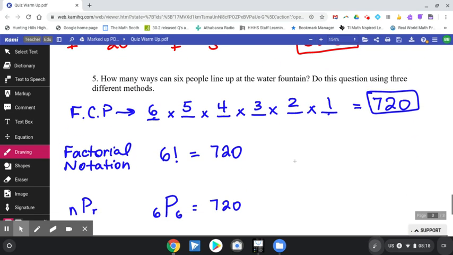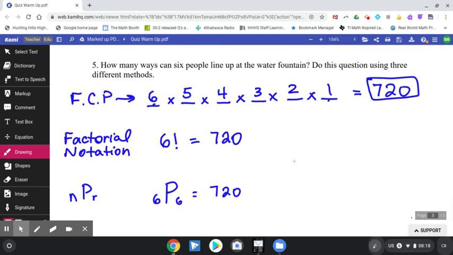Now, the question that we were doing here, number 5, we had 6 people and we're lining them all up using all of the items. A question like this, my favorite method is factorial notation, just because it's so quick and easy on the calculator. If you're using all of the elements, that's the way to go. Now, the nPr method, again, it's fine in this situation, but I think it's used more often when you're not using all of the elements.